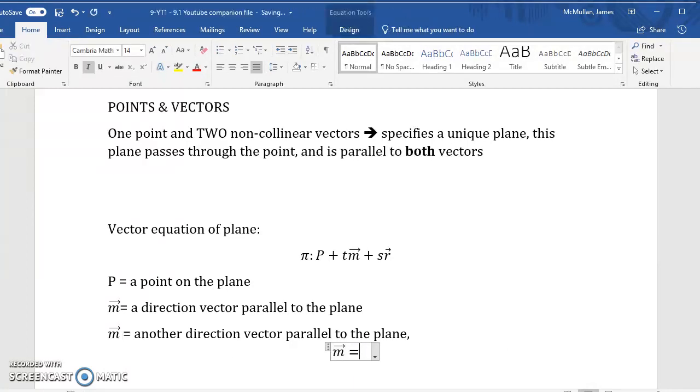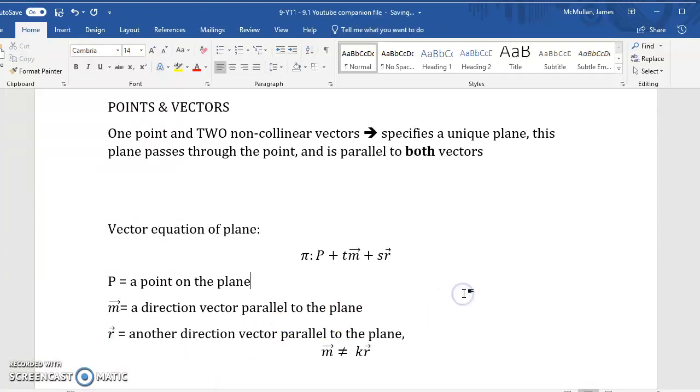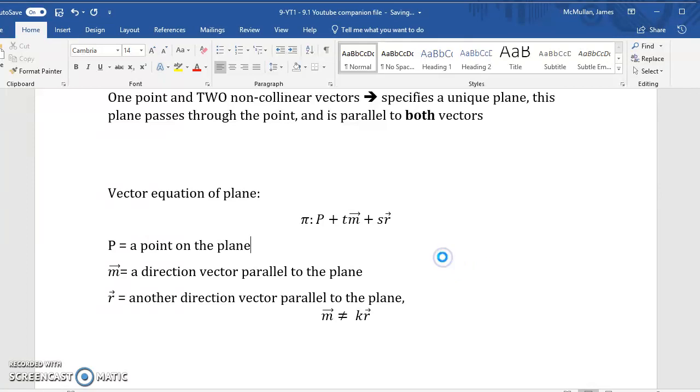M is not equal to K R. Okay, you can't have them be collinear vectors, because then you end up with the same problem we had before. If they're collinear, then you've underspecified the plane.